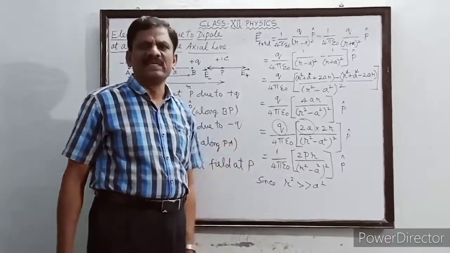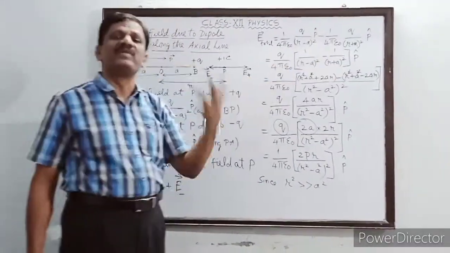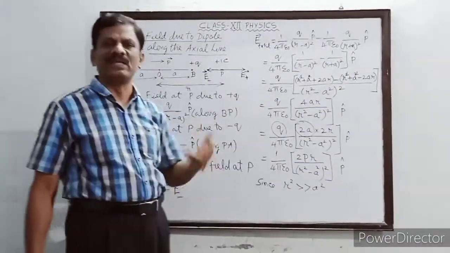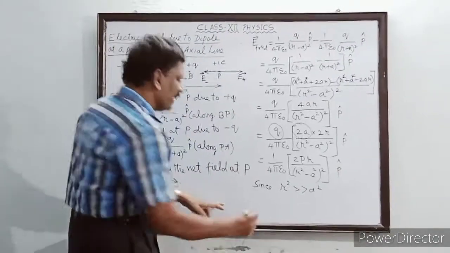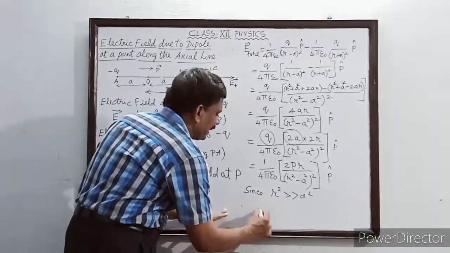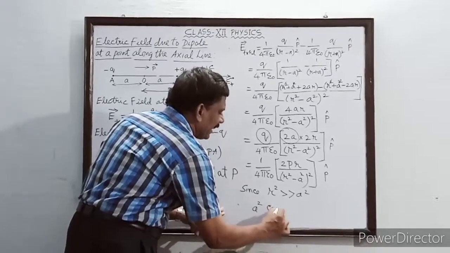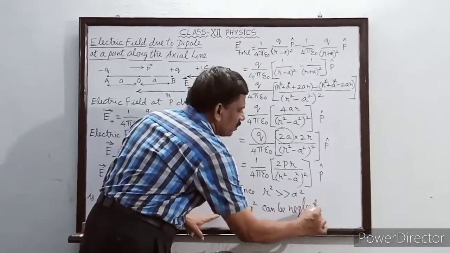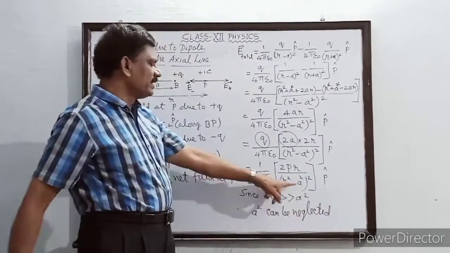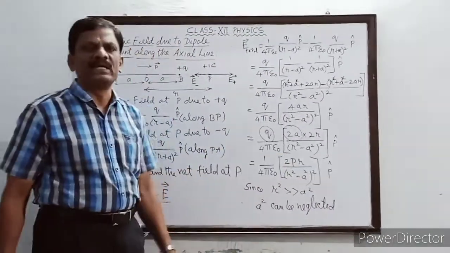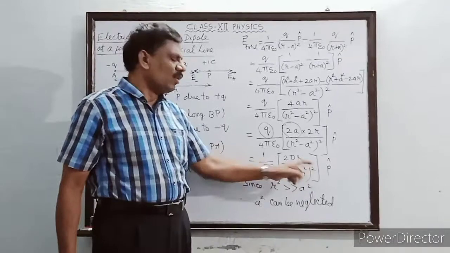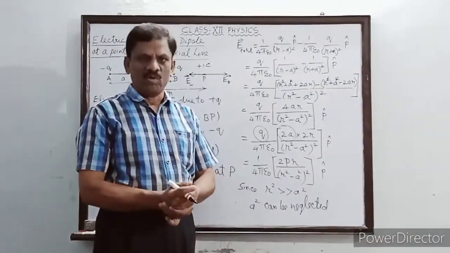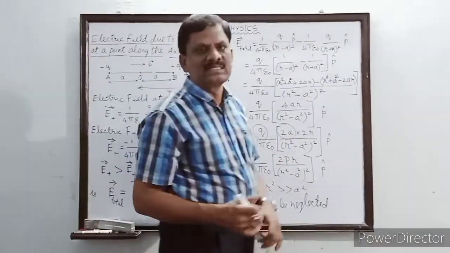The smaller term a² itself is very small, then a² whole square will be still very smaller. Therefore a² can be neglected. When a² is neglected, what will the denominator be equal to? (r²) whole square will become r⁴. So up to this, have you all understood?